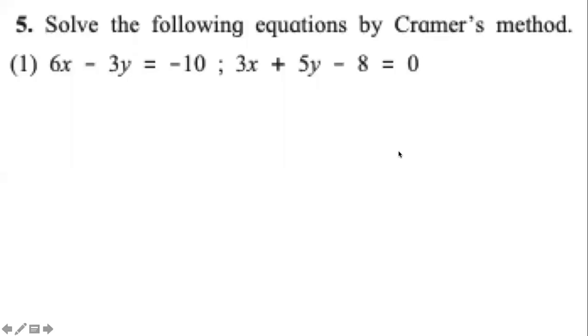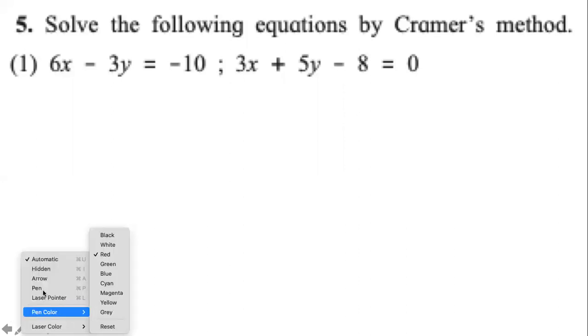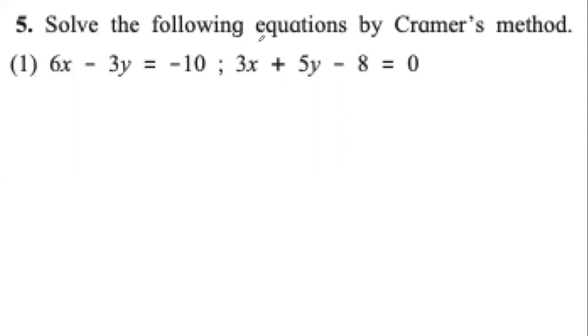The next question, which is question number 5, is a typical solved question where two linear equations in 2 variables are given. They are simultaneous linear equations, and it very clearly says how we need to solve. The method we have to use is Cramer's method.